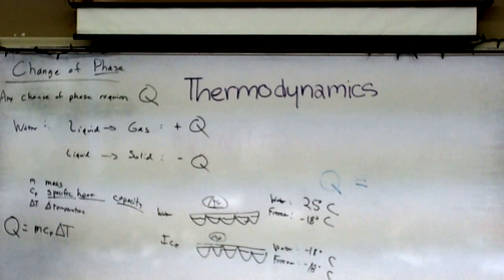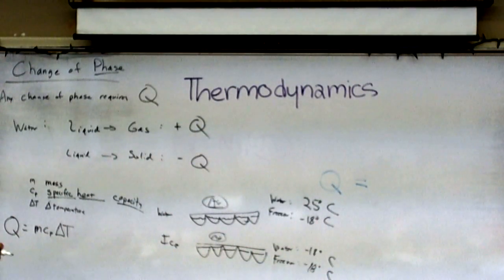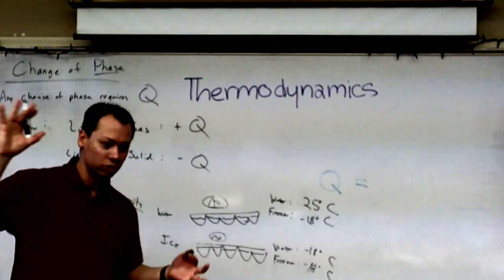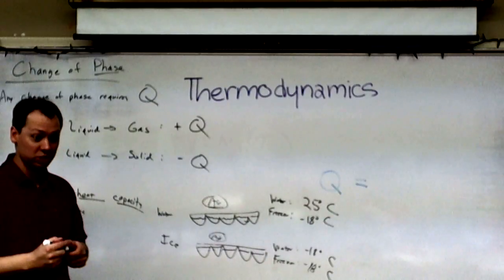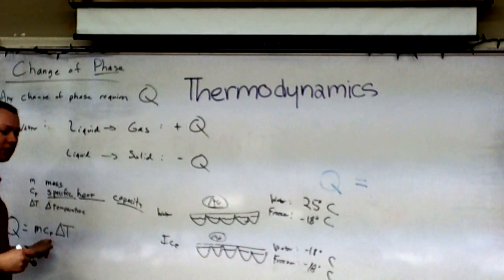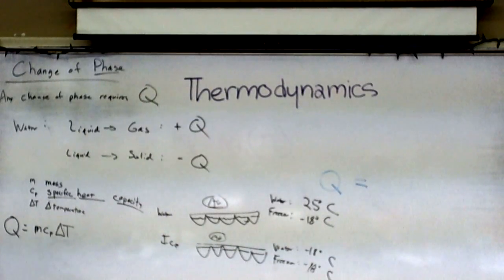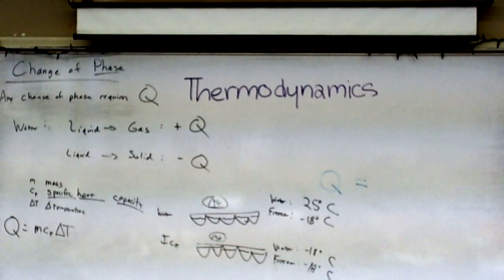What is all this dependent on? What's the difference between high altitude cooking and here? Pressure. This is based on a constant pressure. If it's not a constant pressure, this equation doesn't quite hold true, because otherwise it's not a closed system.